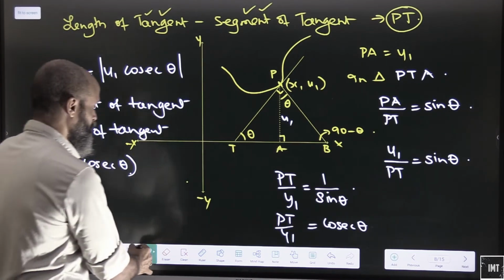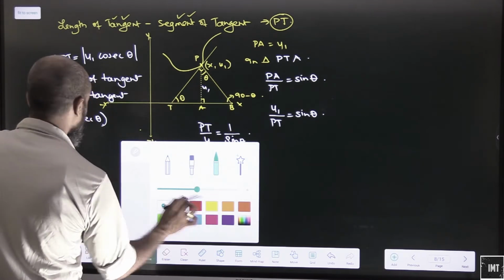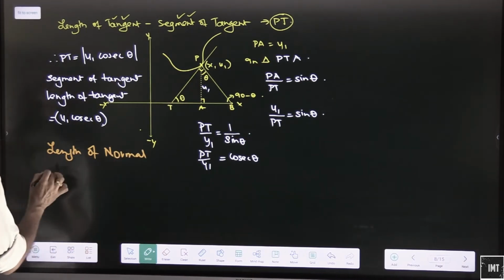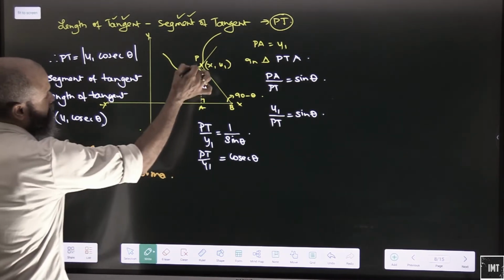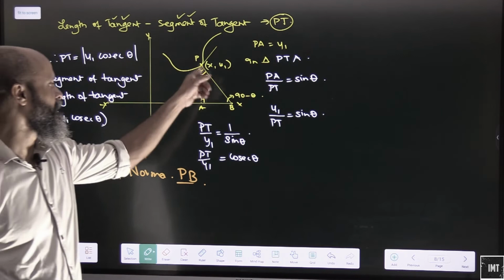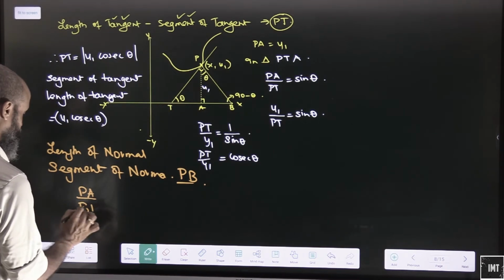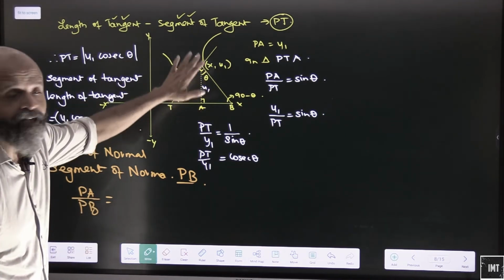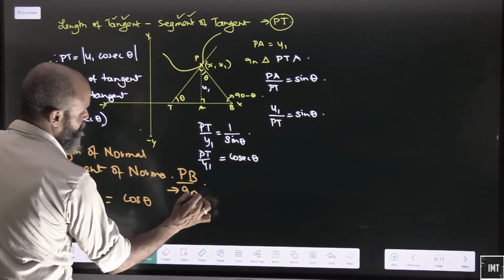Now from this very triangle we can also find out the length of the normal, the segment of normal, which will be PB.